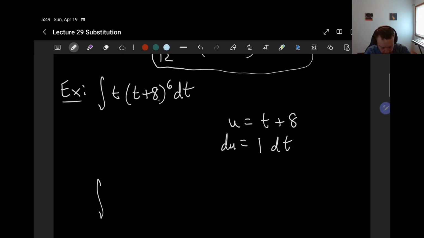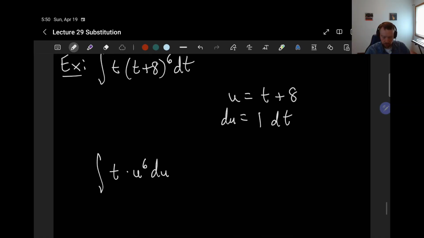I've got u to the 6th. And dt is just the same thing as du. But I haven't really dealt with this extra t here. And that's not good. I want to be in terms of only u, only one variable. So we need to do something about that t.